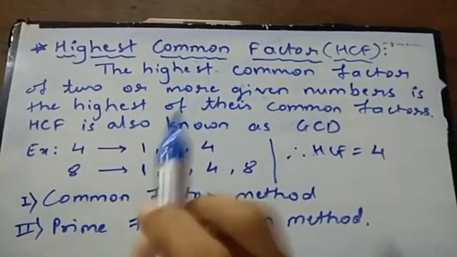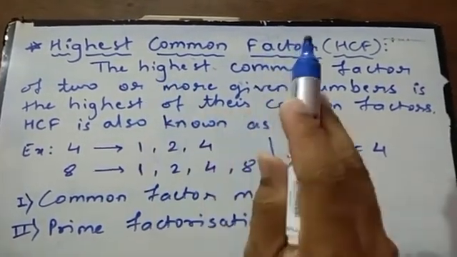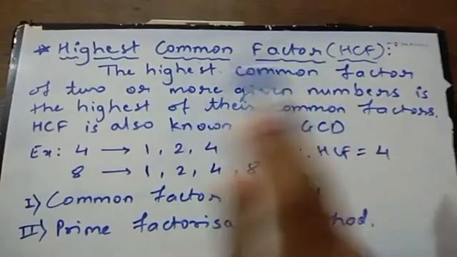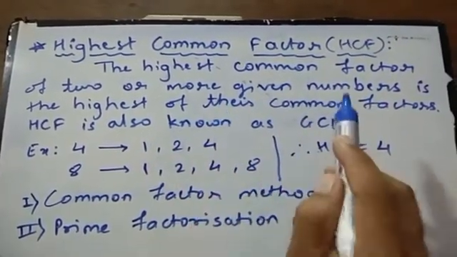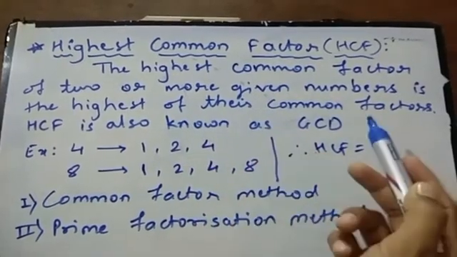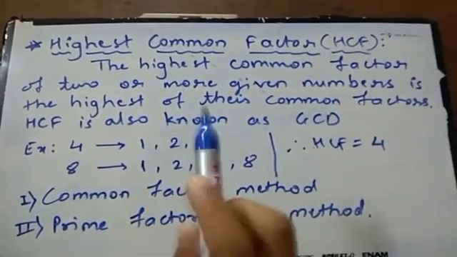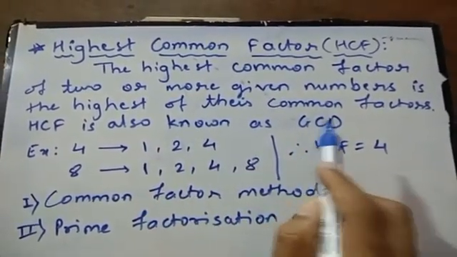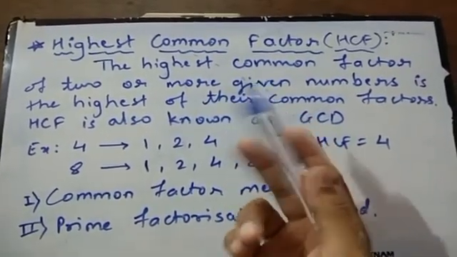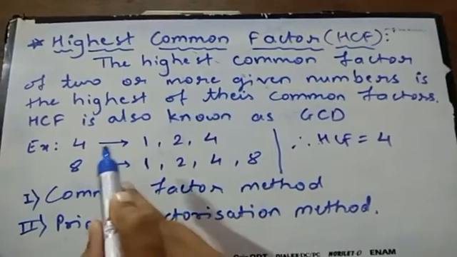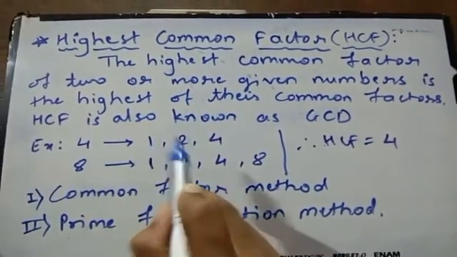Students, now we'll see the next part, that is highest common factor, HCF. The highest common factor of two or more given numbers is the highest of their common factors. HCF is also known as GCD, greatest common divisor. Let's understand this with a small example. The factors of 4 are 1, 2 and 4.